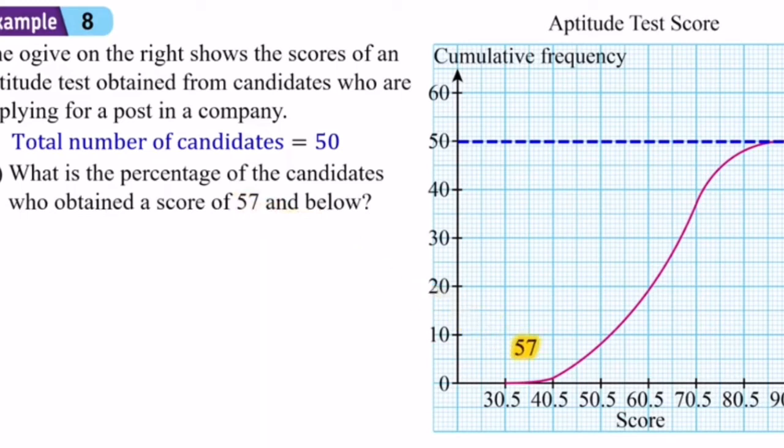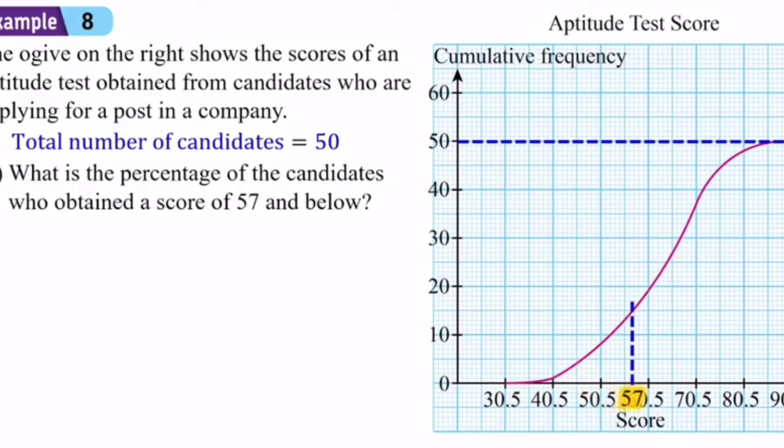So I'm going to show you where 57 is, and from 57 I'm going to draw a vertical line, and after it touches the ogive, or intersects with the ogive, I'm going to draw the horizontal line so that I can read the cumulative frequency accurately.